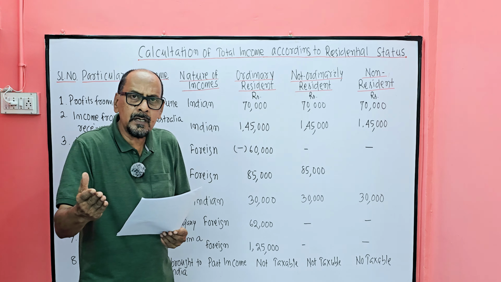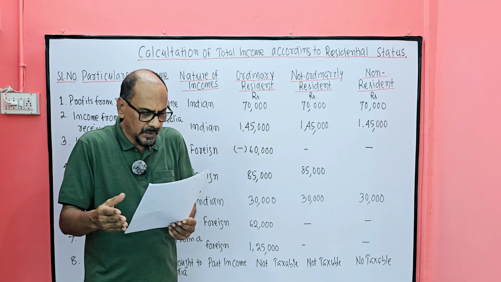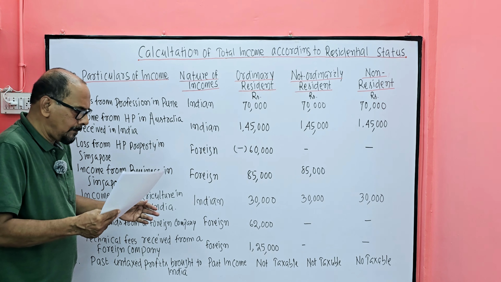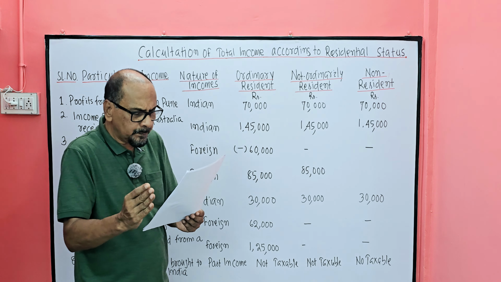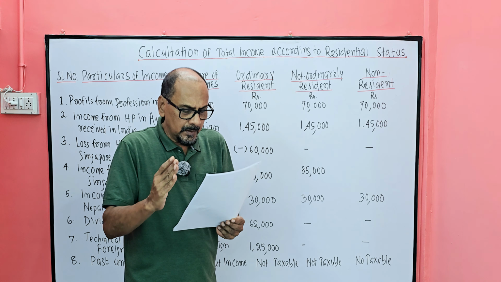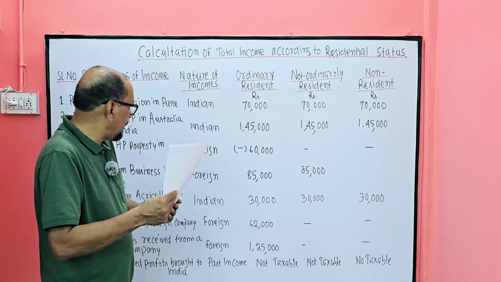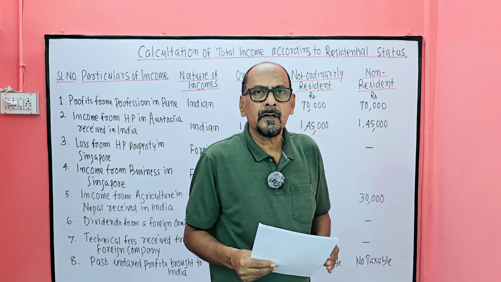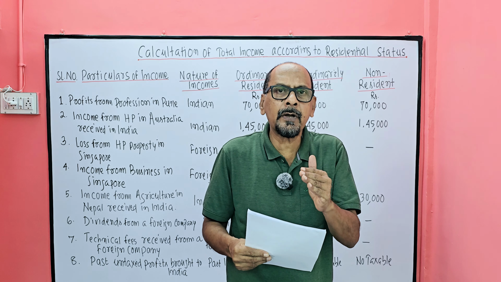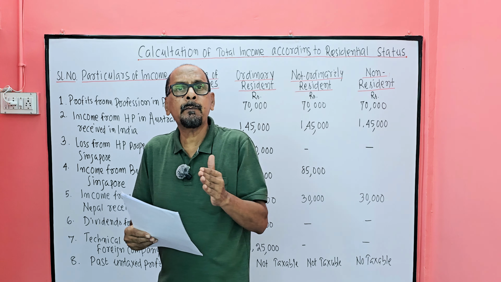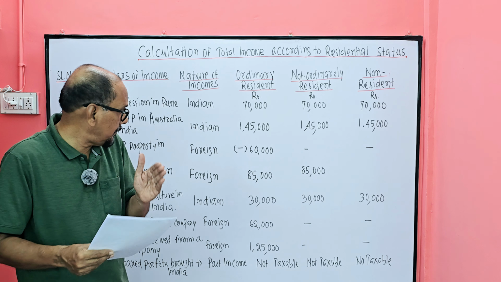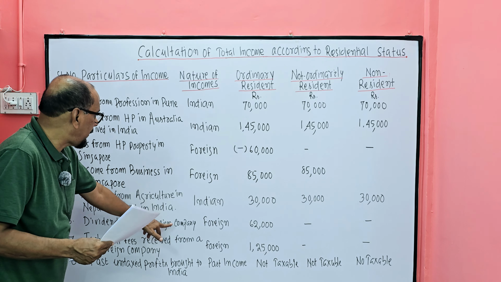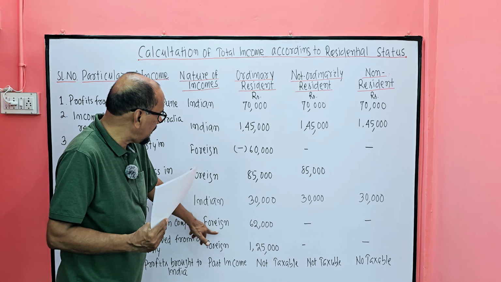And the next transaction is dividend from a foreign company. I mean, dividend received from a foreign company, as it is clearly mentioned. So it is a foreign income.